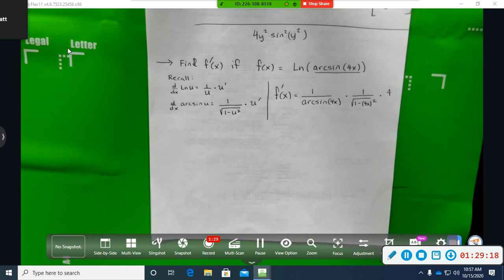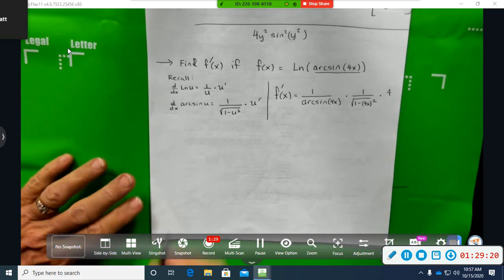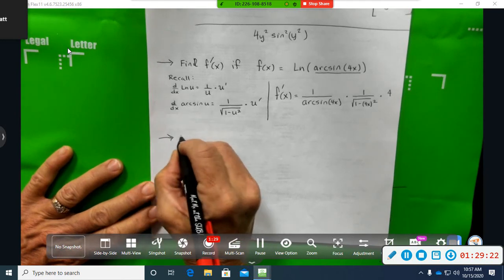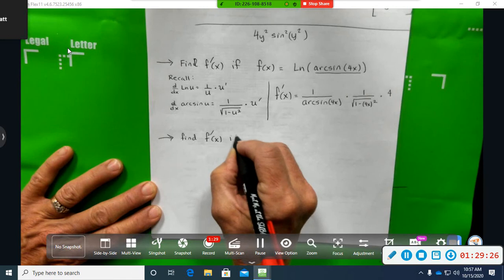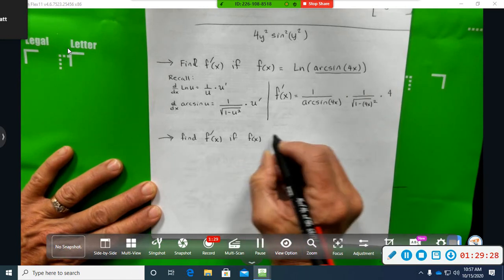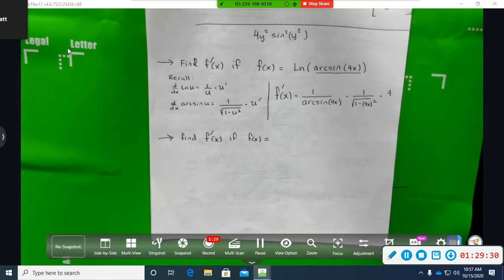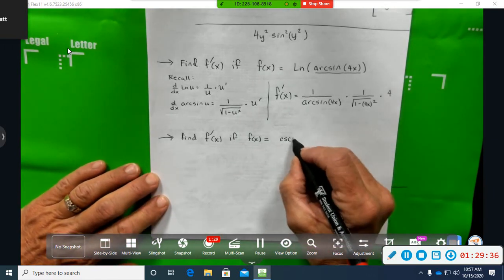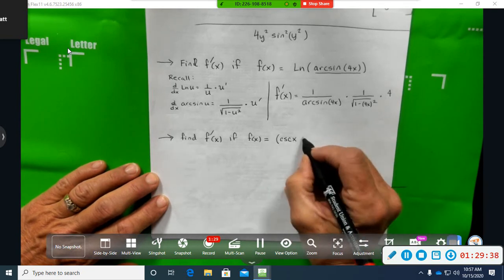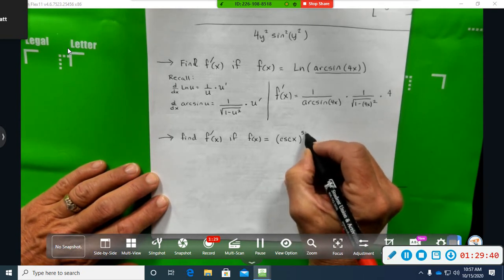All right, next. Find f prime of x if f of x is equal to, how about the cosecant of x all raised to the 5x power.